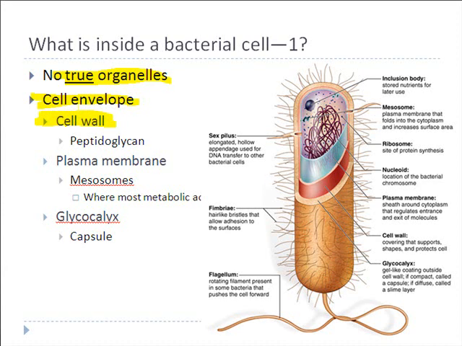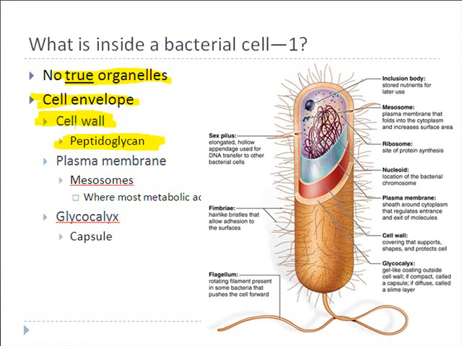And the cell wall in bacteria is made of a special kind of polysaccharide called peptidoglycan. Peptidoglycan is made primarily of sugars, but it also contains some cross-linking proteins in it as well. And it provides for a really nice rigid structural cell wall that gives support to the cell.